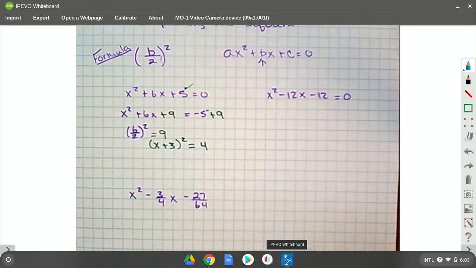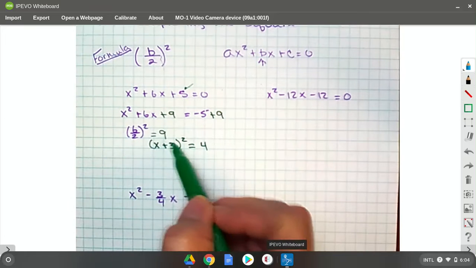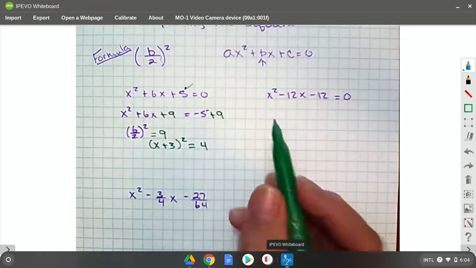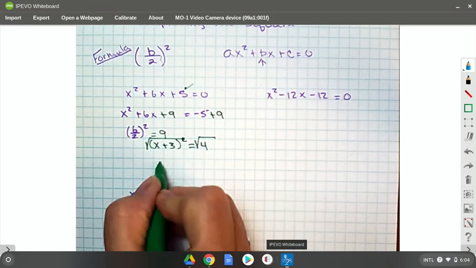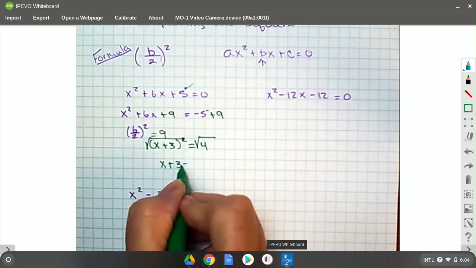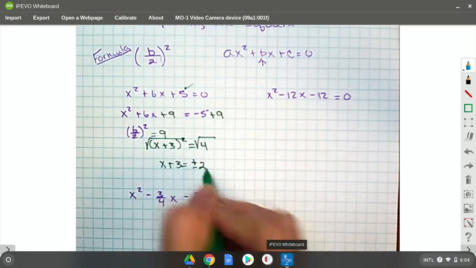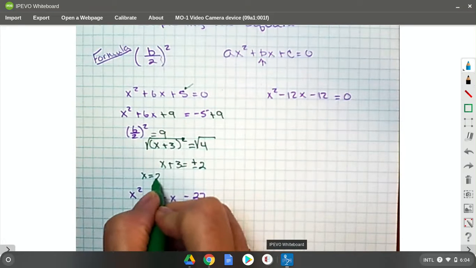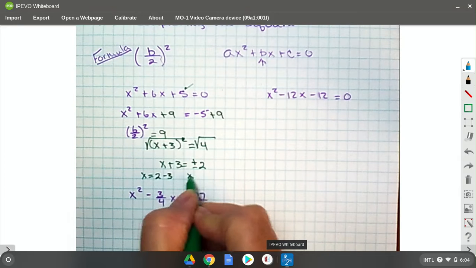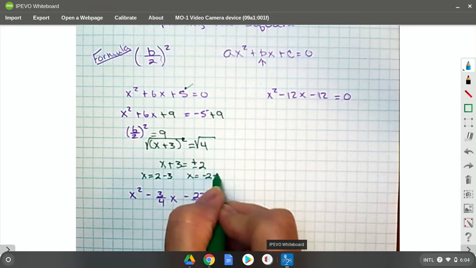Okay? Now, after I completed the square, I can go to my square root method. And that's square root of both sides: x plus 3 equals plus or minus 2. x equals 2 minus 3, x equals negative 2 minus 3.